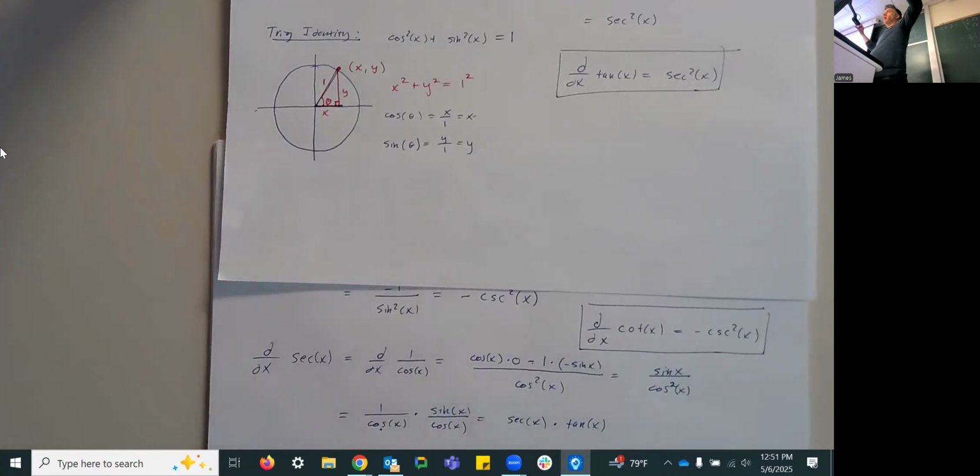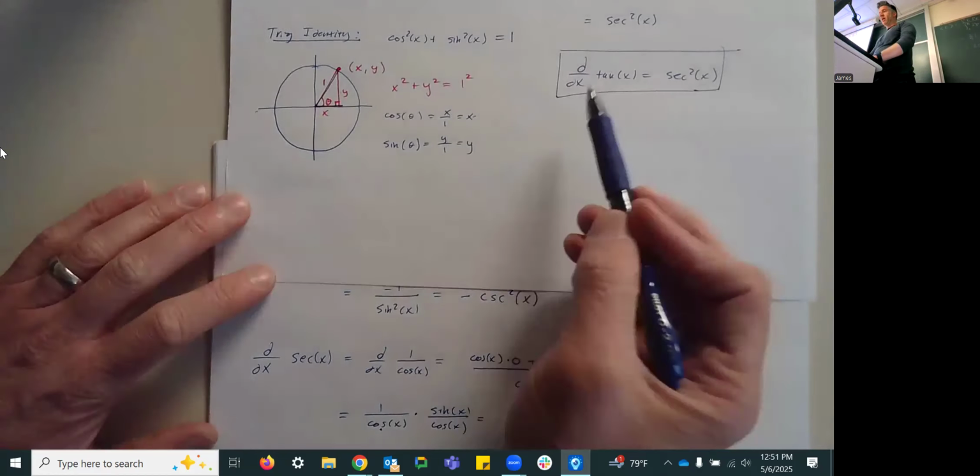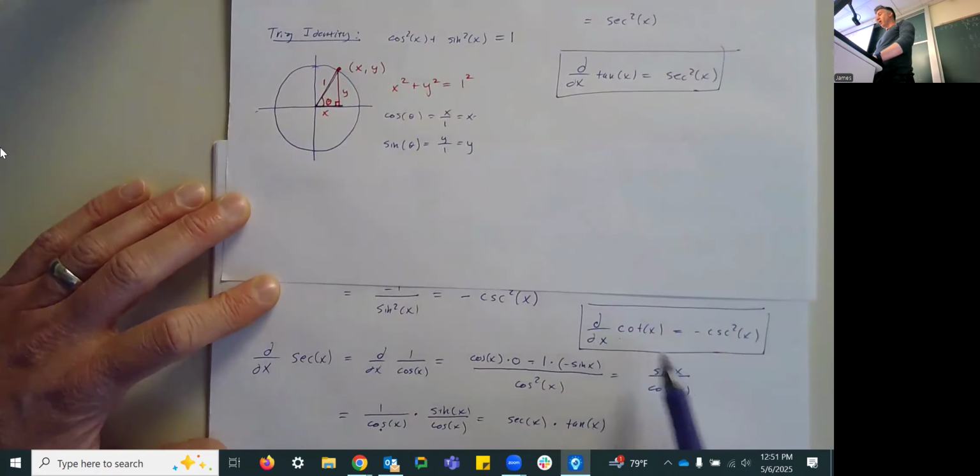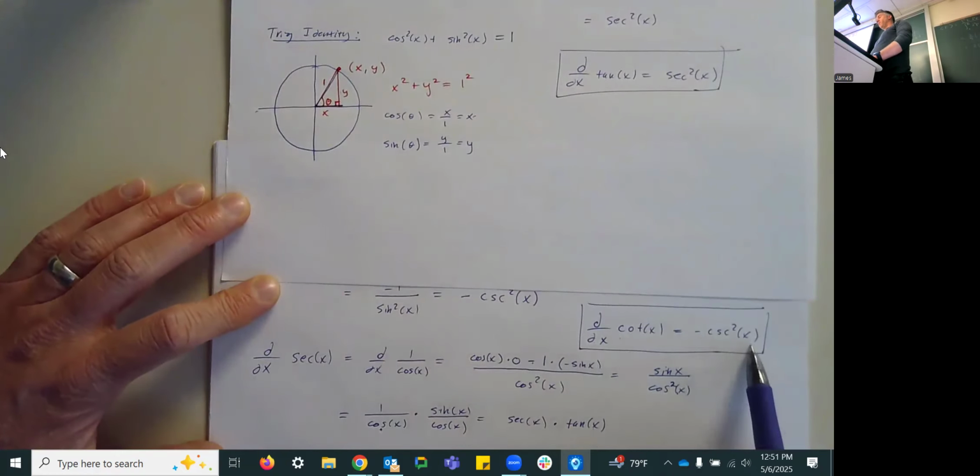Tangent goes with secant squared, and then if you put a co-prefix in front of both of those, instead of having tangent and secant squared, you're going to have cotangent and cosecant squared. So if you know that the derivative of tangent is secant squared, you know the derivative of cotangent is cosecant squared with a minus sign.